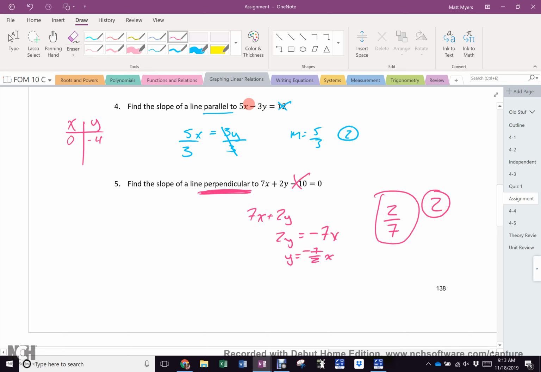And then when y is 0, x would be 12 over 5, right? Is that 2 x's and y's? And then you could do y2 minus y1 divided by x2 minus x1, and then you could find your slope that way. But that's a lot more work than just isolating y.